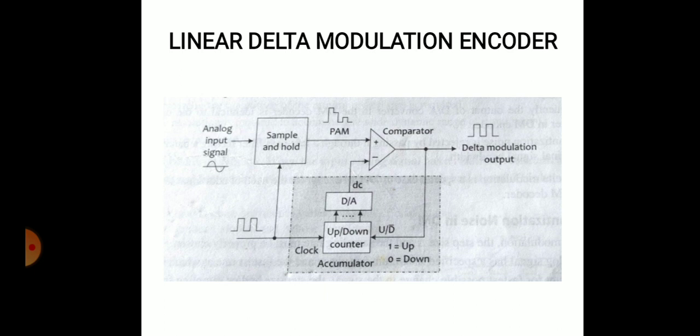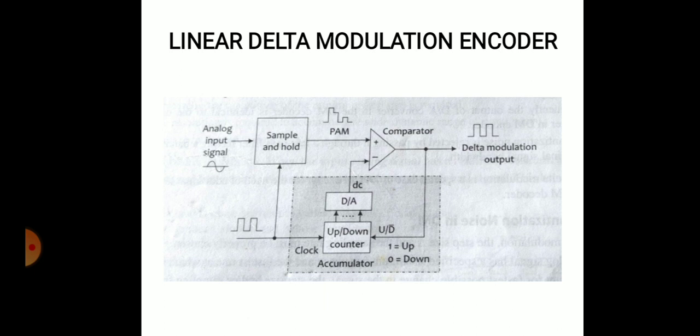Okay, so depending on this, the clock works, and according to that clock, the up down counter is increasing or decreasing by 1. Now the up down counter is clocked at a rate equal to the sample rate and is updated after each comparison.